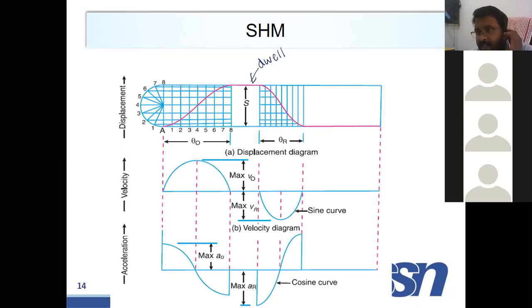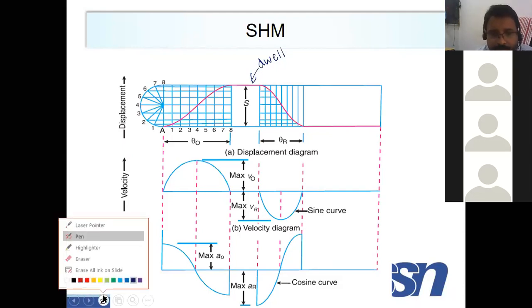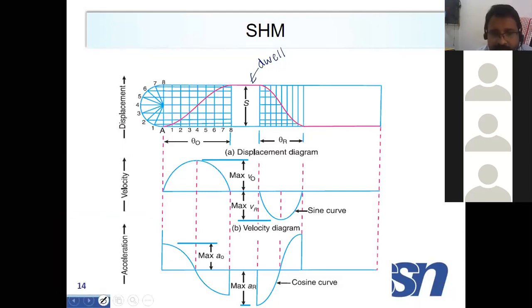For drawing the profile, you can manage with this curvature. You have to draw these freehand only. The other constructions you are going to draw using geometry. Okay, so that is it.